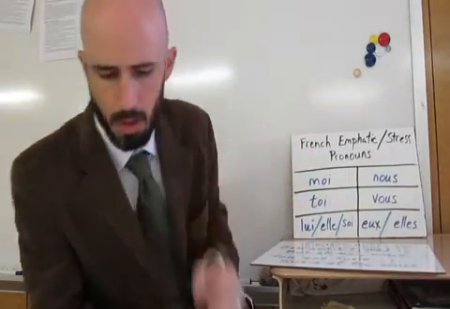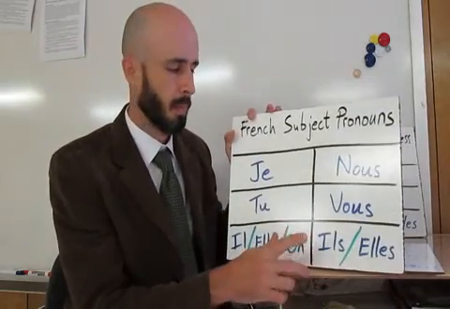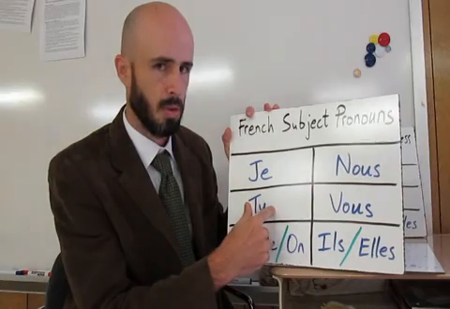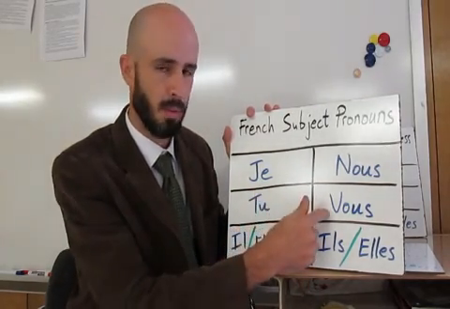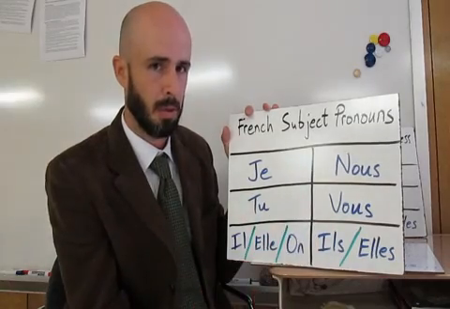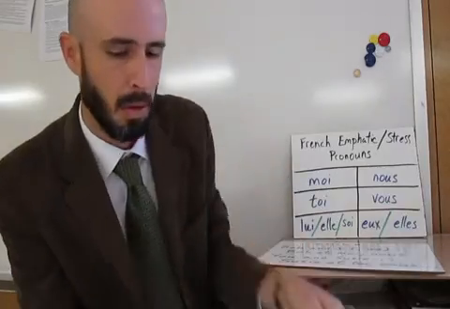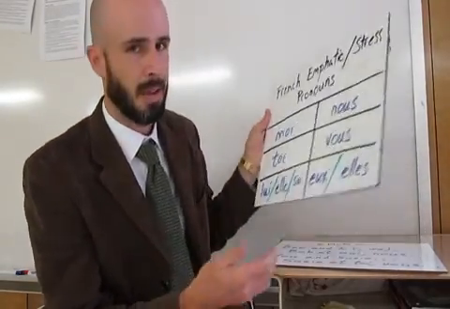Before I let you go, we do need to point out that tu is always singular, you. Vous is often plural, but we can use vous to be respectful towards somebody, so this can be singular sometimes. Again, we're going to talk more about that in a future lesson. This is kind of bonus material.